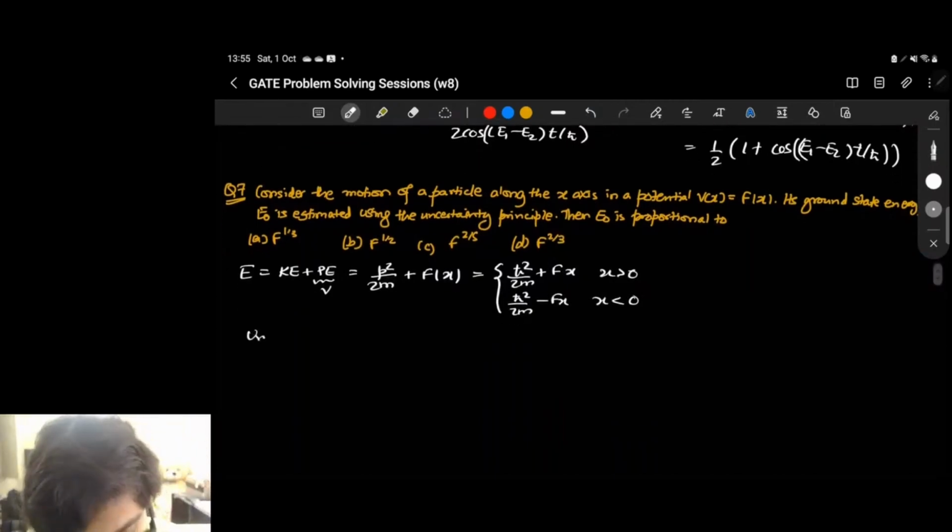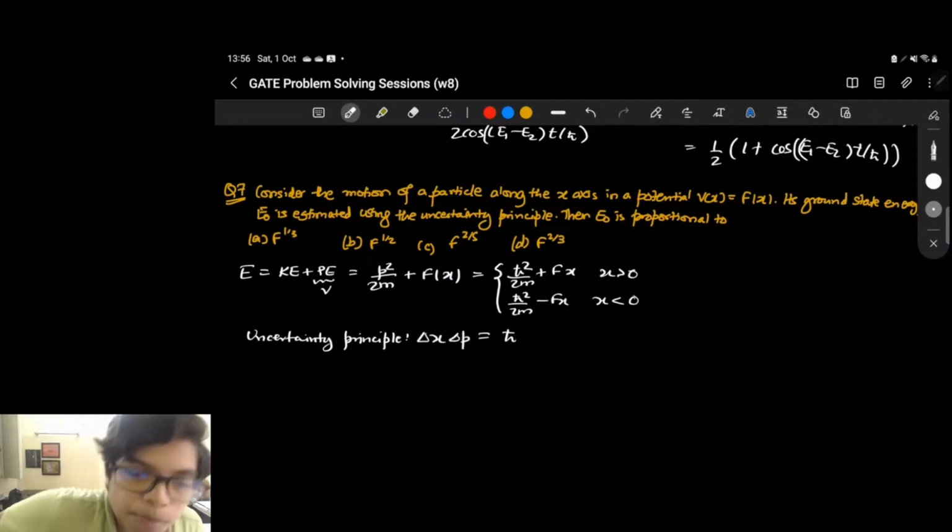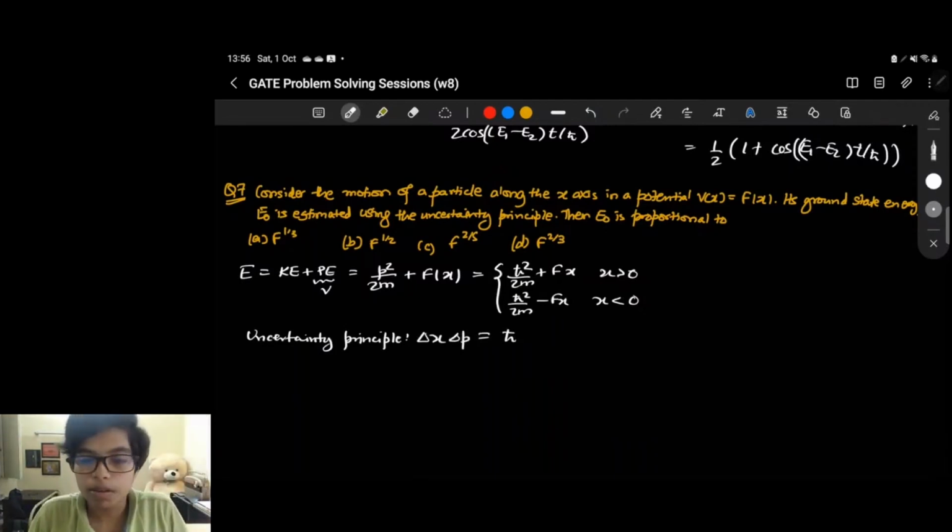Now, from the uncertainty principle, what we have is delta x delta p is equal to h cross. So notice that we are just supposed to find out the proportionality in terms of the powers of f. So order of magnitude is what we are looking at. We are not looking at the precise numbers next to it. So you might be saying that this should be h cross by 2, let us say.